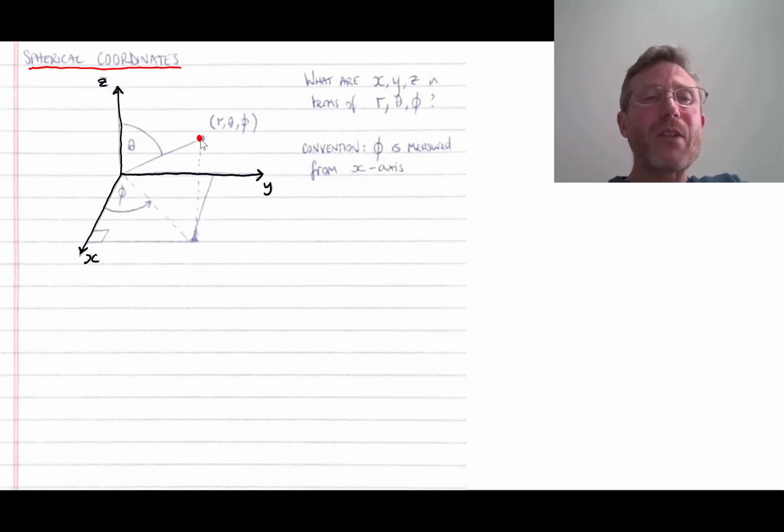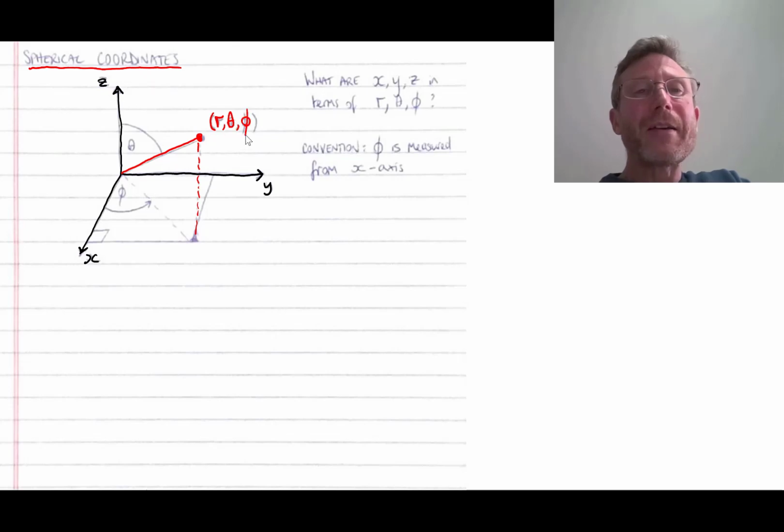And this single body is described as rotating around an axis, and the position of that body is equal to r, theta, phi.